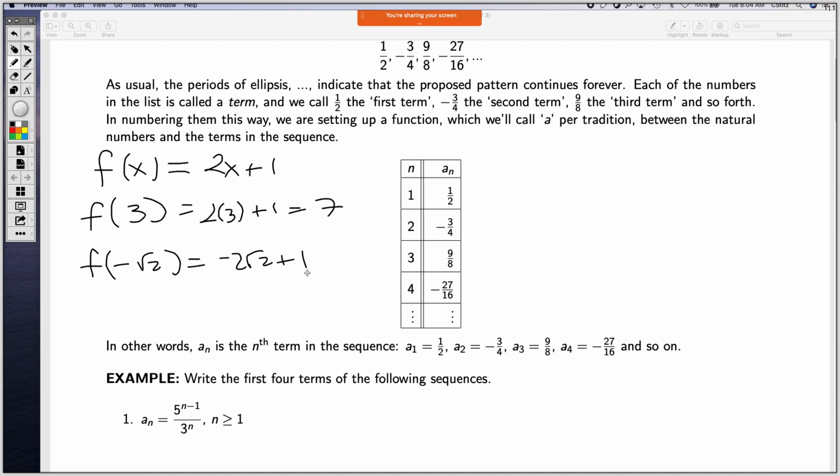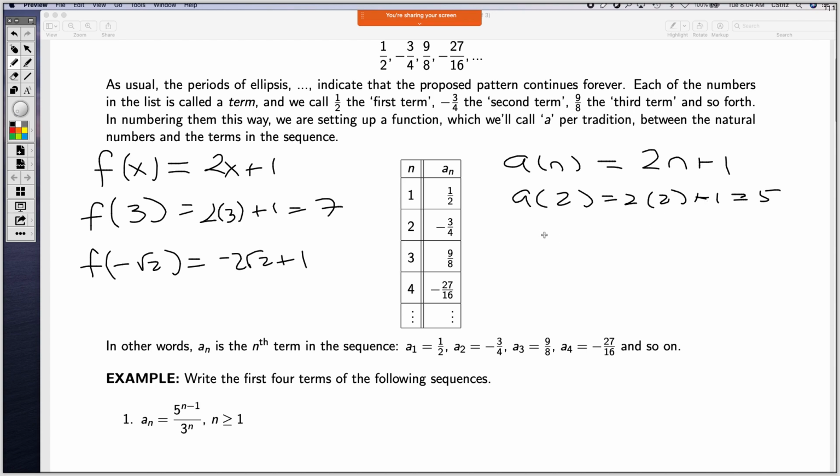What we're going to be looking at here is looking at our domain being this discrete set of numbers, these natural numbers. So instead of calling it a of n equals whatever, say 2n plus 1, when we use the letter n here, we're thinking of n being these whole numbers. Okay, so a of 2 would be 2 times 2 plus 1, which would be 5.